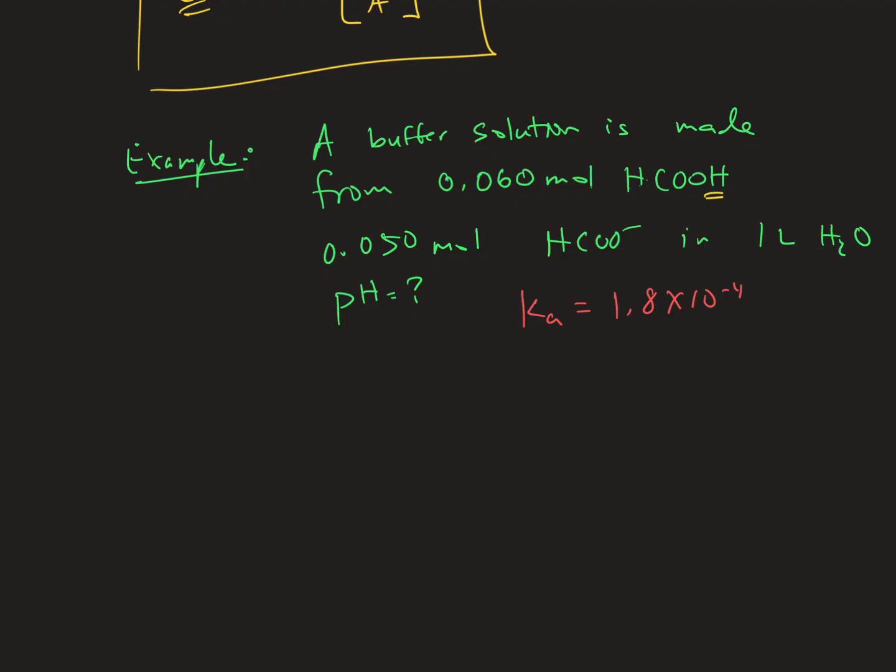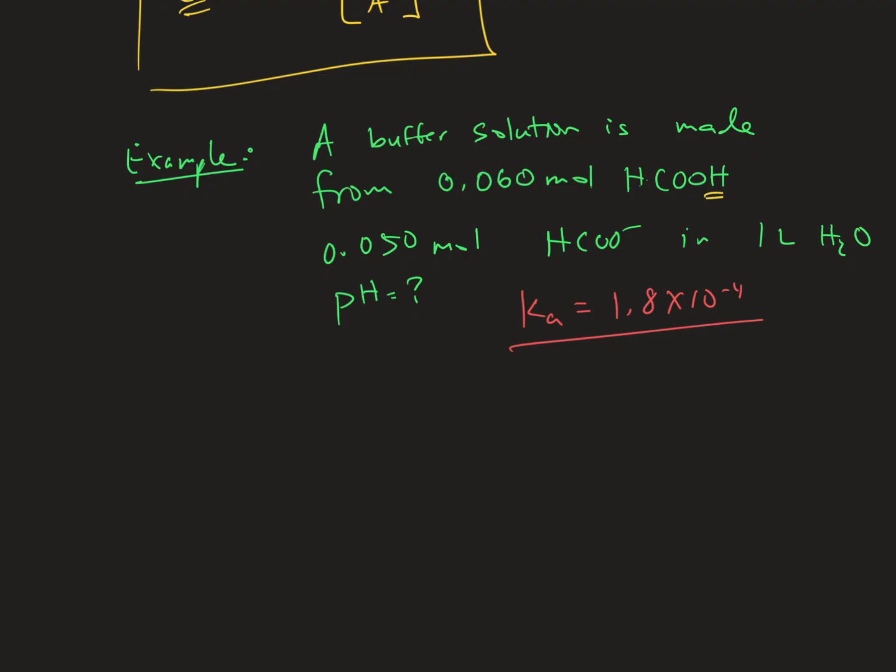The easiest way to tell is that you have to give us the Ka. Otherwise you'd have to do a whole lot of science that we've already done. We have all these Ka values, so why not just use them?